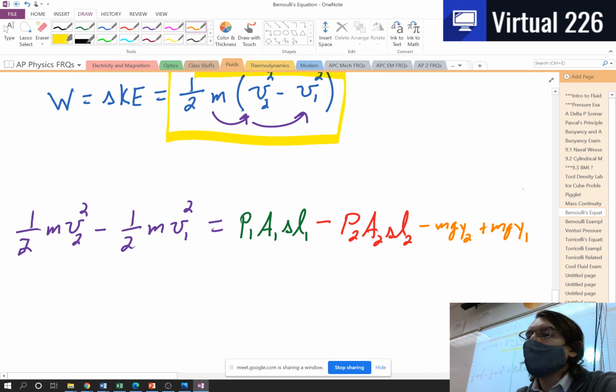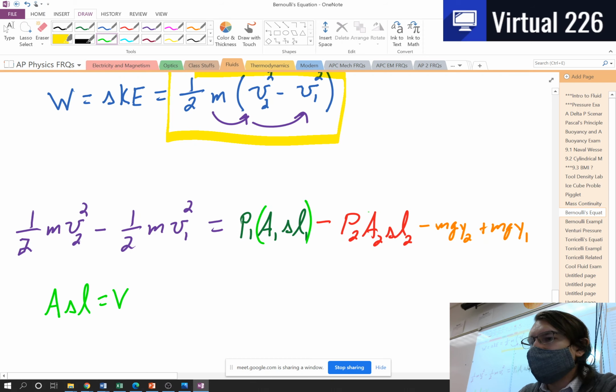But if we think about it, we have the work from moving the object, we have the work from gravity, and we've set that equal to the change in kinetic energy, which is what we want here. Now, let's think about a few interesting things we know about fluids. We know that an area multiplied by some change in length is equal to a volume, which means that this A delta L here and this A delta L here are both going to be volumes.